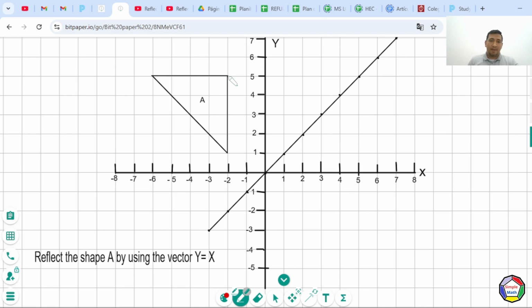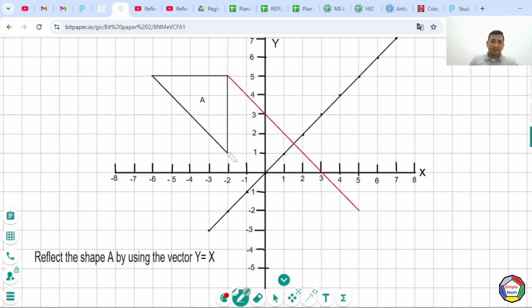So remember, how many diagonals are here? 1, 2, 3, 3.5 diagonals. So I will go through the mirror 3.5 diagonals. So half of diagonal, 1, 2, and 3. Here is going to be located the new point.